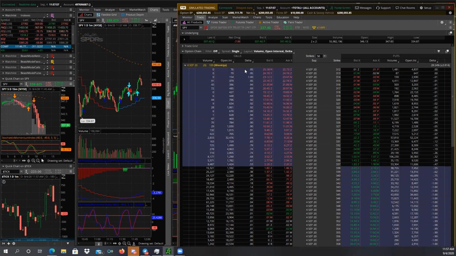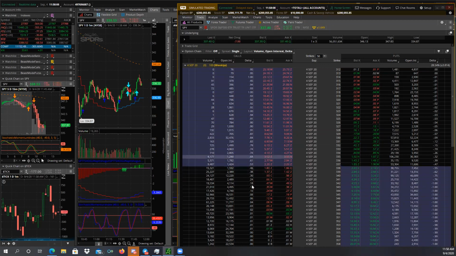Another thing we use, the delta, we use to estimate how much profit we're going to make on our option. The delta means for every dollar this share price moves in our favor, we're going to make roughly whatever the number is on the option contract.